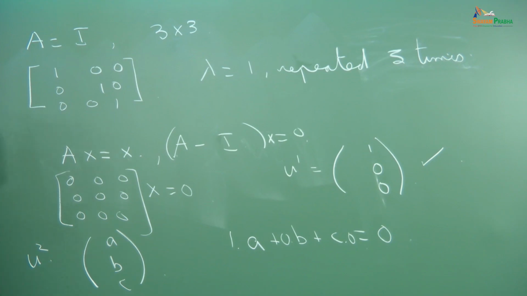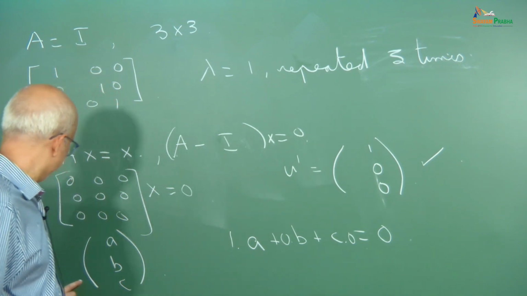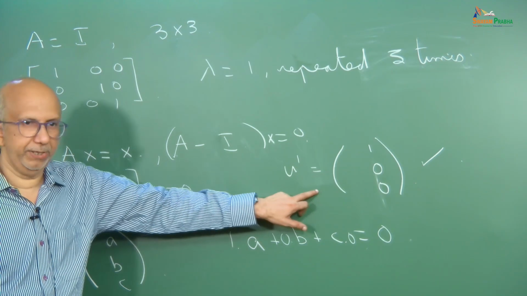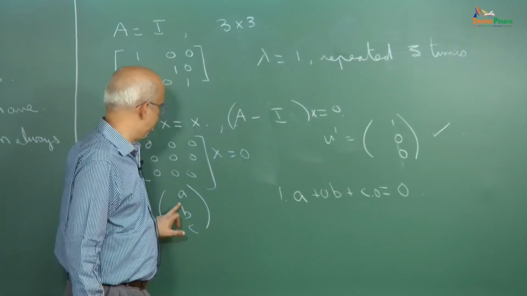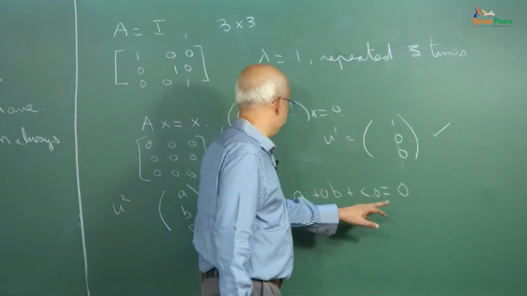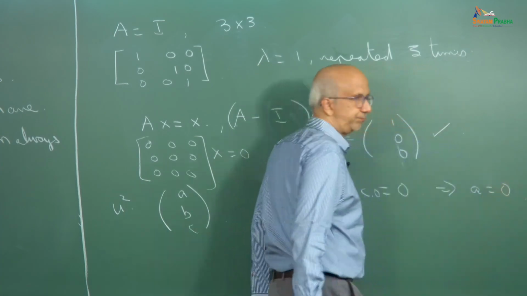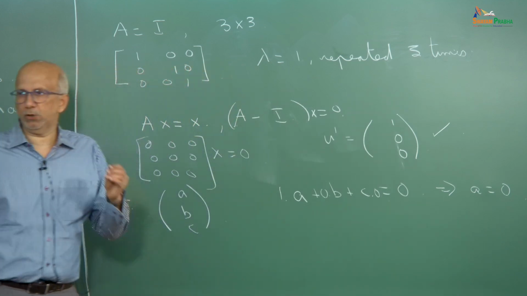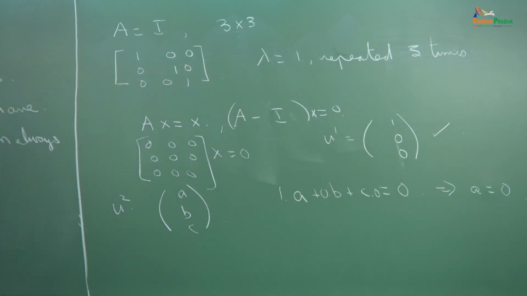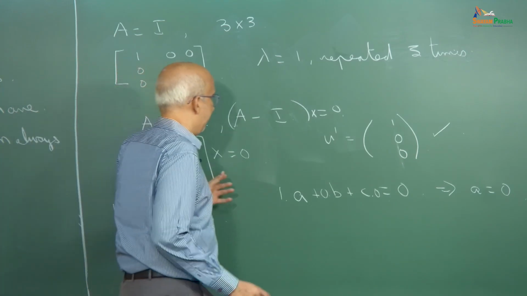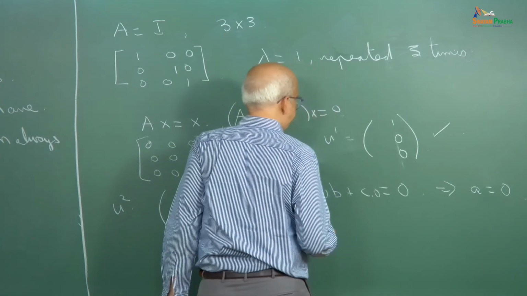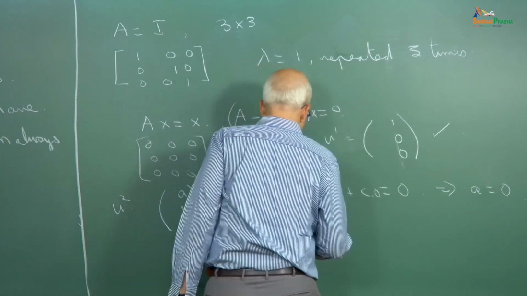So what have I done? I am choosing u2 to be perpendicular to u1. So A multiplied by 1 plus this equal to 0 implies A is 0. So if A is 0, I am guaranteed it is perpendicular. Now I am free to choose B and C the way I want.